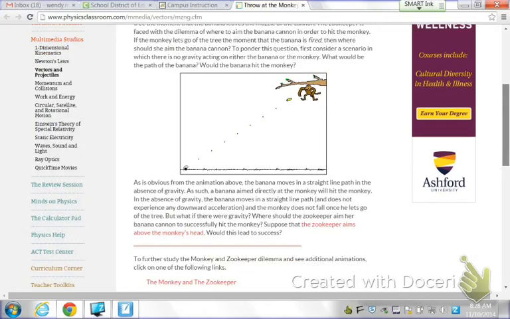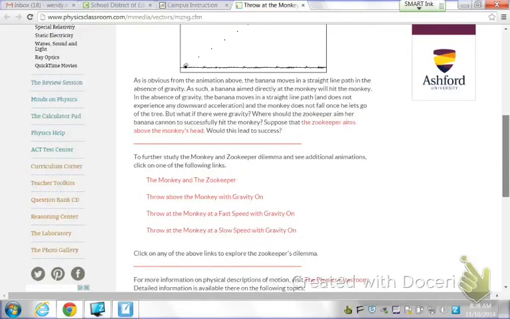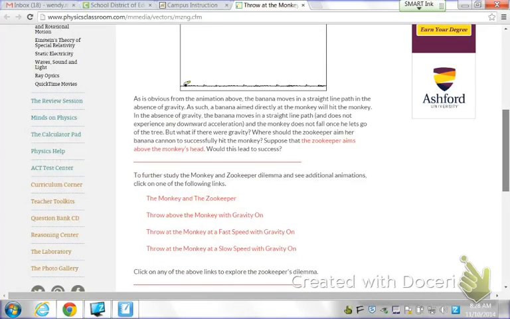So you've got a monkey, and this is what happens. Of course, it's due to gravity. So we can do throw above the monkey with gravity on, throw at the monkey at a fast speed with gravity on, throw at the monkey at a slow speed.